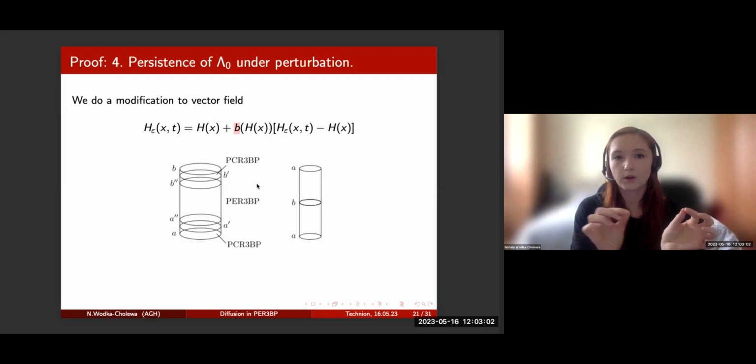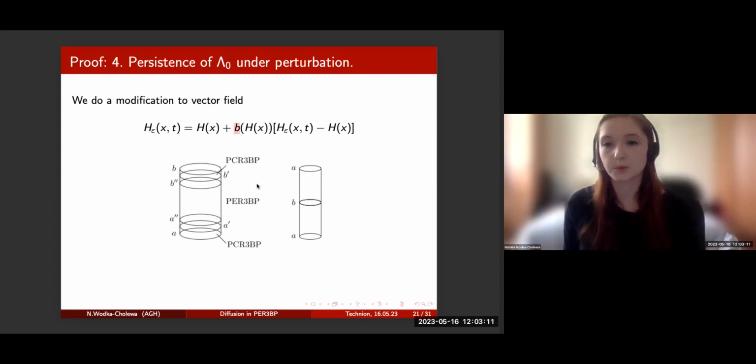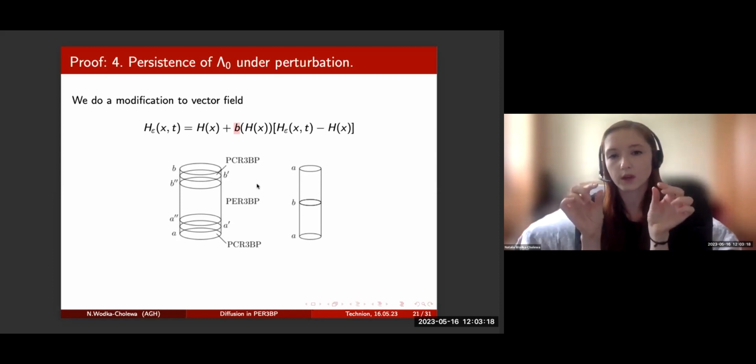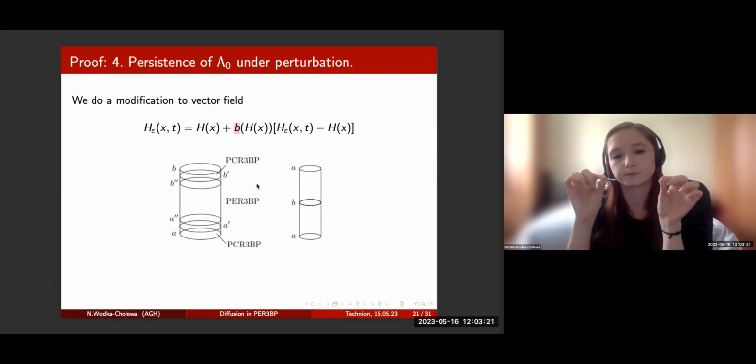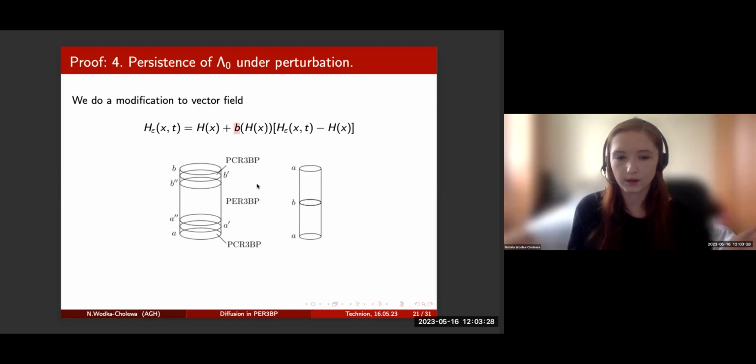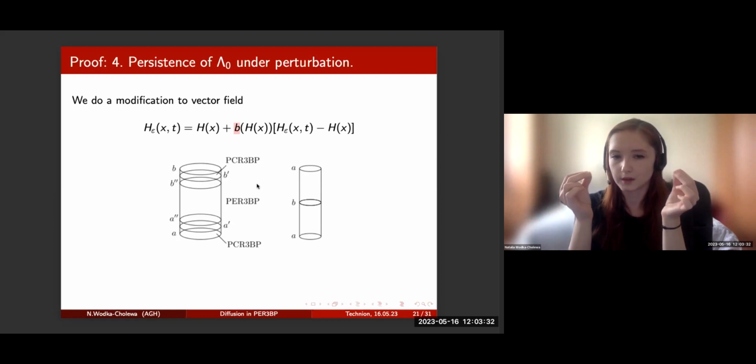If you know how the bump function works, you think about this as something like this. You can do it as an exponential with minus x squared or something like this. It doesn't really matter. It's a smooth connection between the elliptic problem and the circular problem. So at the end of A and B, you have the circular problem. In between, you go smoothly to the elliptic problem. That's how you modify the Hamiltonian.